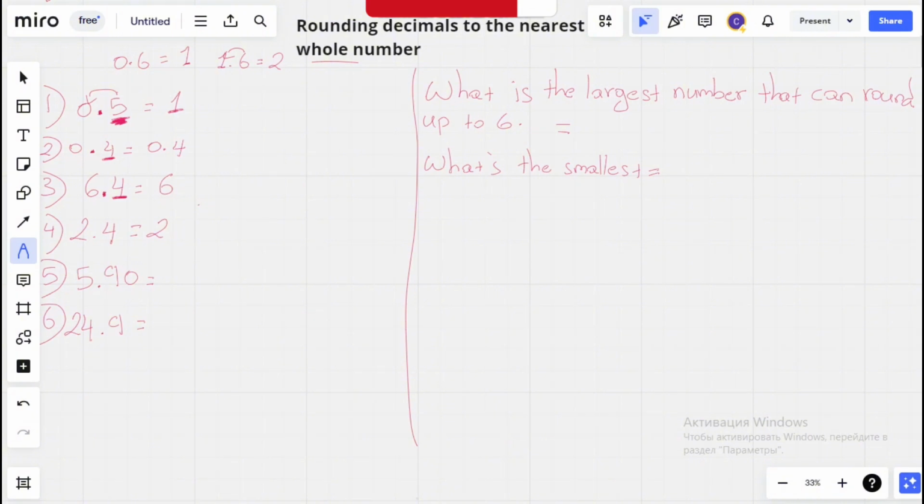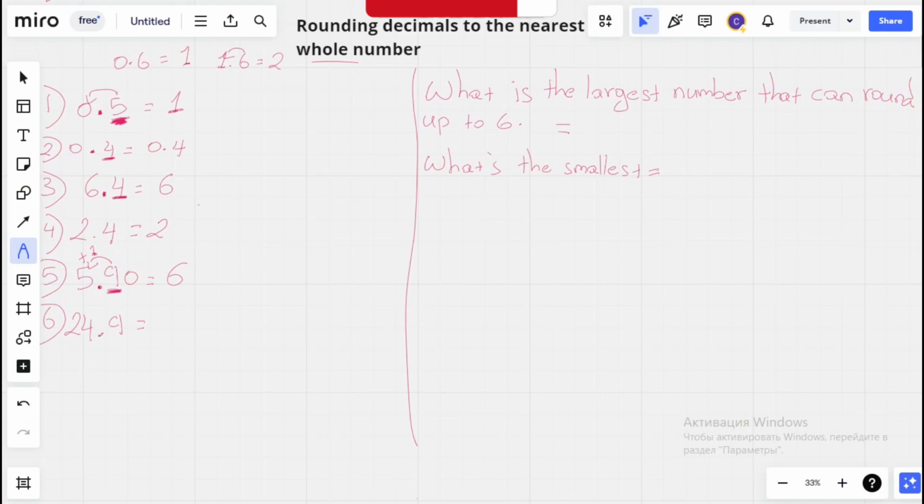Now here's our decimal. What is the number after the decimal? Is it bigger than 5? Yes, it is. 9 is bigger than 5. So what happens? The 9 adds 1, and what does the 5 become? It becomes a 6.